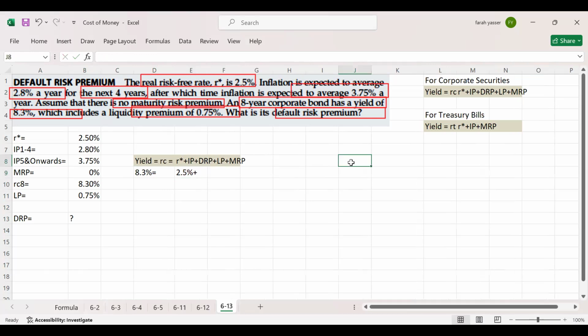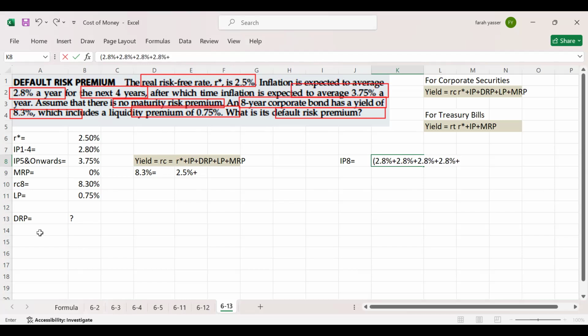So we will have to calculate average inflation, IP, for 8 years. For the first 4 years inflation is 2.8%: 2.8% for year 1, 2.8% for year 2, 2.8% for year 3, then 2.8% for year 4.